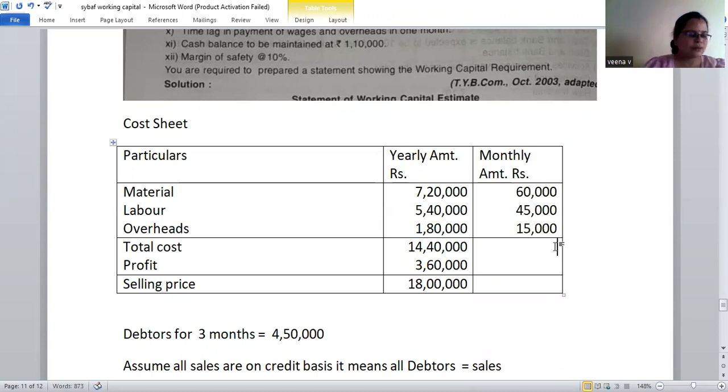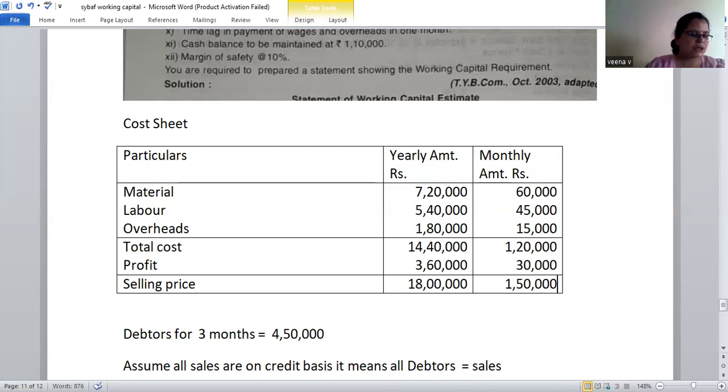Again 14,40,000 divided by 12 is equal to 1,20,000. Again 3,60,000 divided by 12 is equal to 30,000. Again 18 lakhs divided by 12, monthly sales will be 1,50,000.